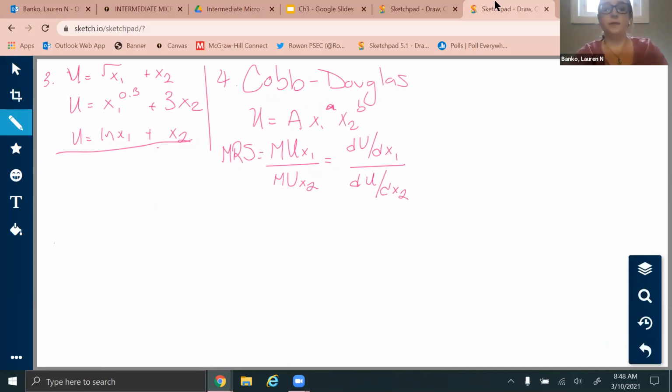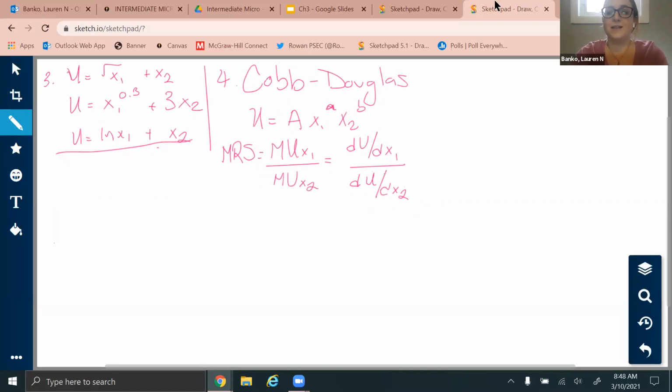Now, when we first did partial derivatives, I asked you to find the partials, and also divide them out. And I did that for a reason, because this is that divided out. So you were technically finding the MRS when we were looking at other functions. I just didn't tell you that.